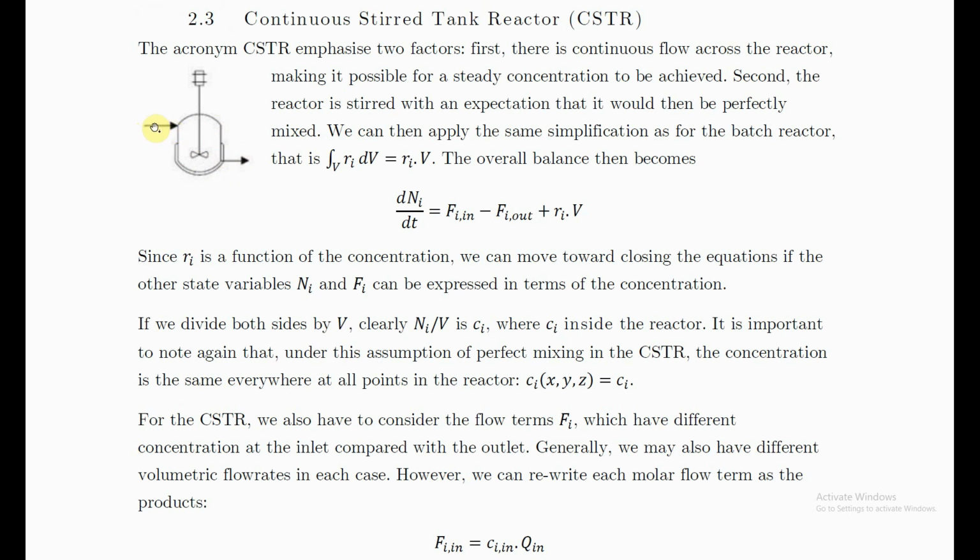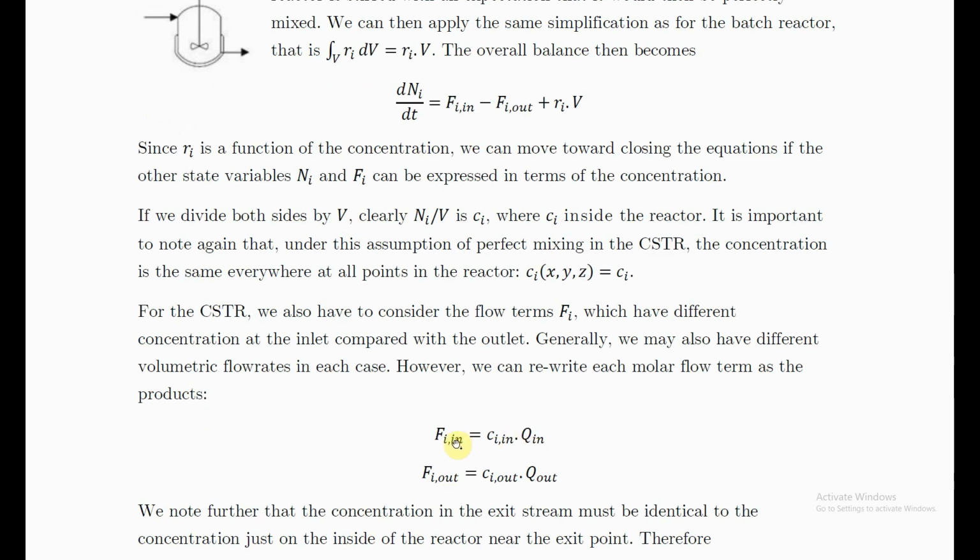So the concentration here, C in, multiplied by the volumetric flow rate of the stream, Q in, that must be the molar flow rate into the reactor. So that's Fi in. And then in a similar way, we can look at the exit point and say, well, there's a volumetric flow rate here, Q out, and then there's a concentration in this exit line here as well.